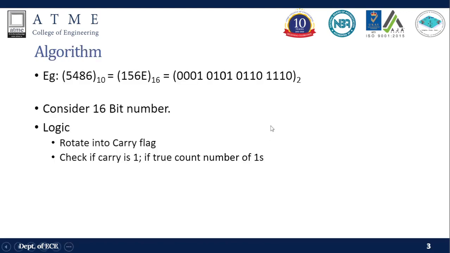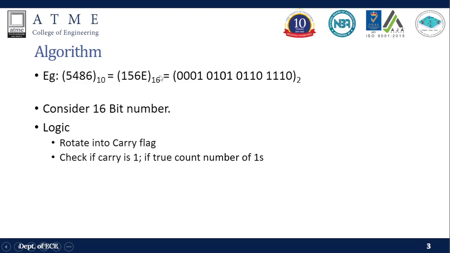So to start with, let's just first understand number systems and the algorithm in general. Taking a very simple example of any given number. Now I am taking a 4-digit number. So this is a number in the decimal number system. Now converting the same number into hexadecimal, where the base or the radix is 16, the number ends up as being 156E.